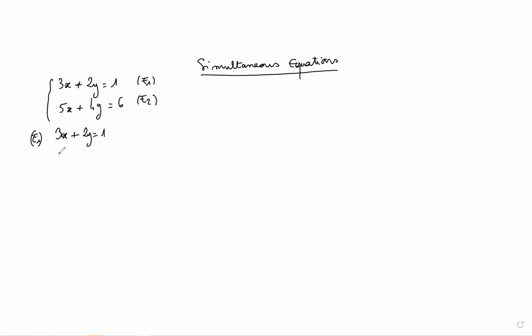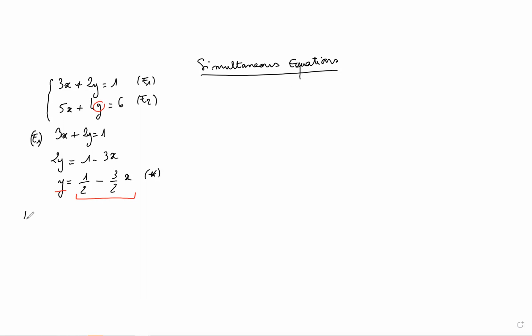So I'll use this equation to express y as a function of x, which means here I write y like that. I'll call it star, you can give it any name. If I put this in E2, I will replace y by its value as a function of x, which means I will have only x in here and I can solve it.